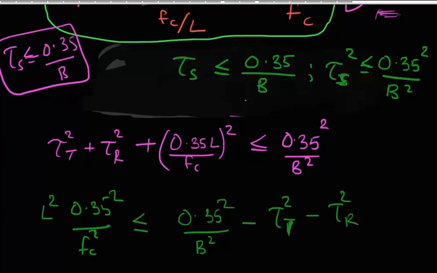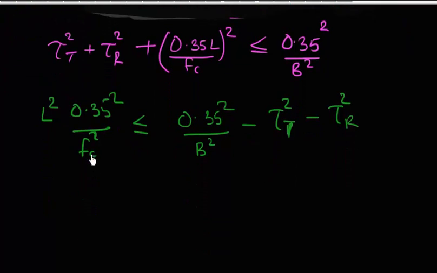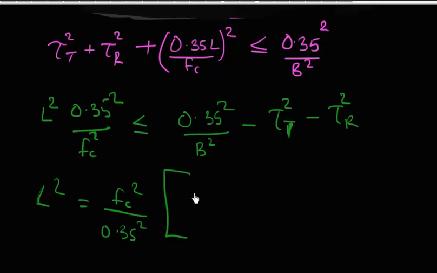So I'll take this FC up and this guy down. So I have L square is FC square divided by 0.35 square, all times 0.35 square over B square. I like to combine these two together so that I can become plus.